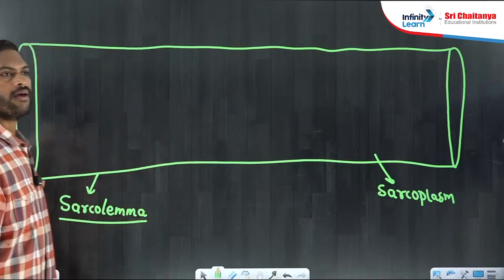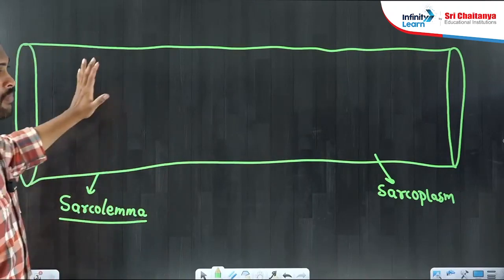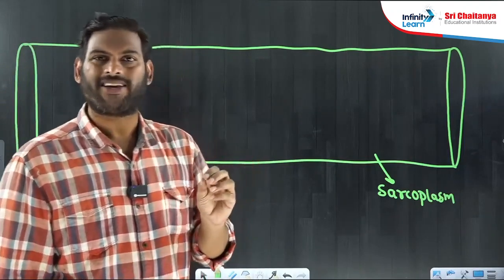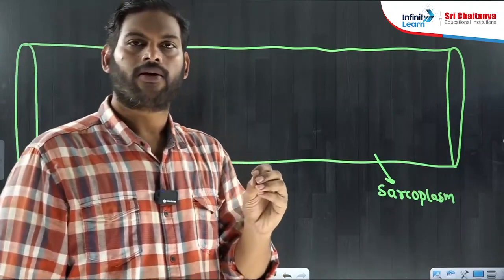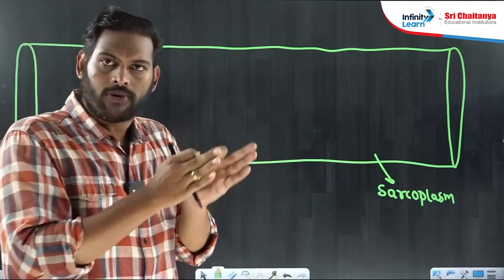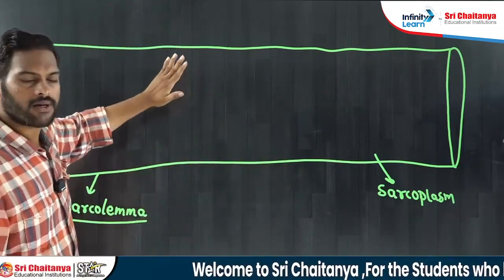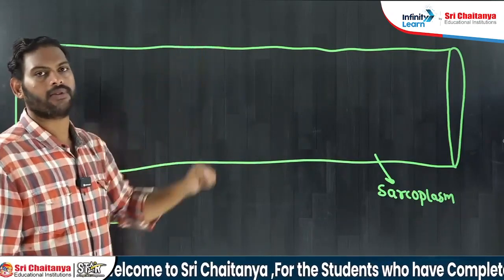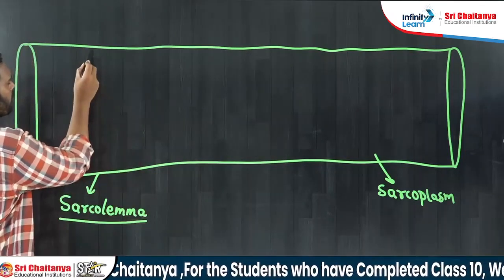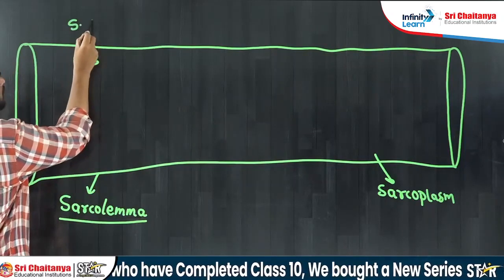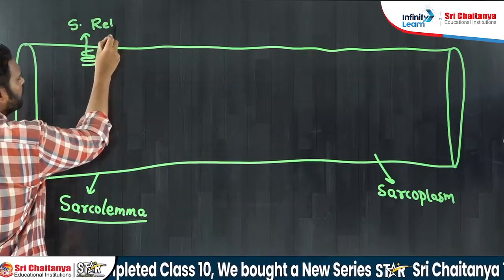Okay, and this muscle cell was rich in endoplasmic reticulum, mainly smooth endoplasmic reticulum. Therefore, the endoplasmic reticulum inside the cell was often referred to as sarcoplasmic reticulum.